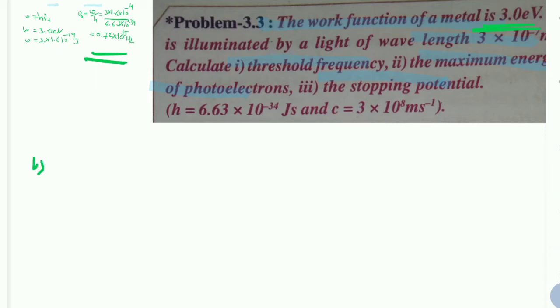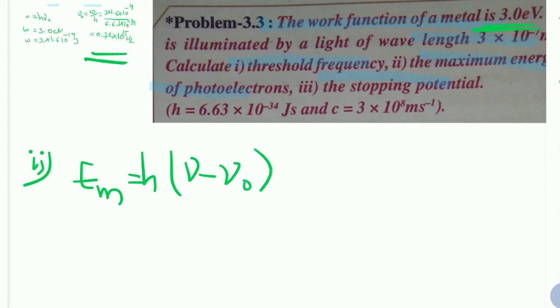Second one is the maximum kinetic energy. E maximum is equal to h into nu minus nu naught, where lambda is equal to 3 into 10 to the power of minus 7 meters.